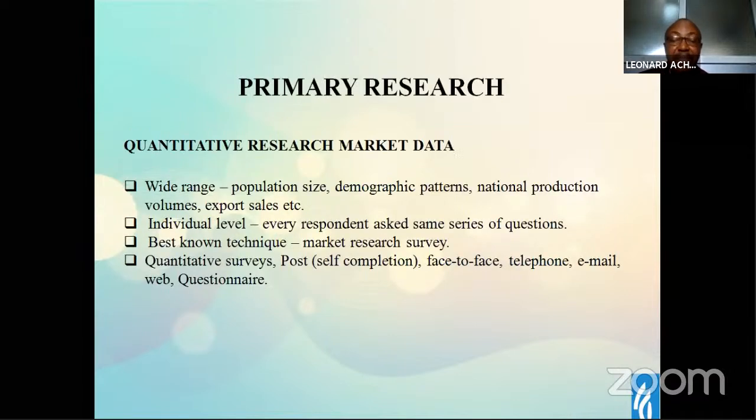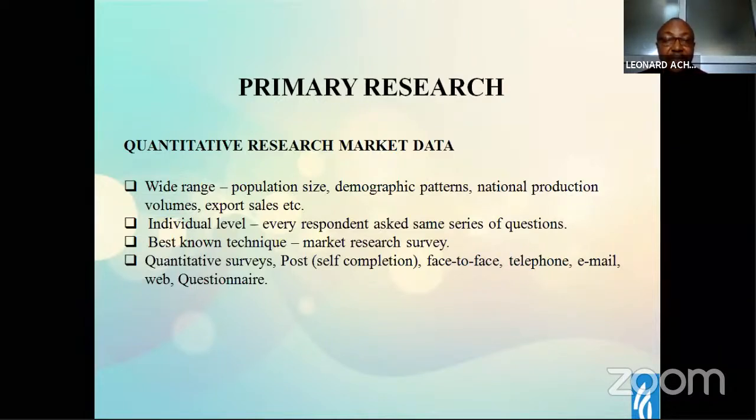Then we have primary data collection. This one is basically within the company, your activities vis-a-vis your products and your end users. These are basically where you get your primary research data collection.